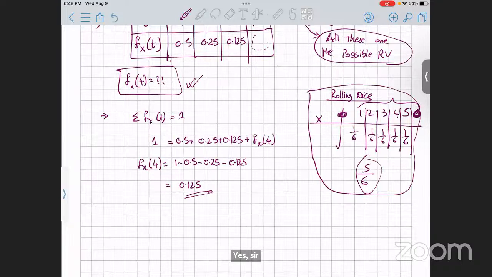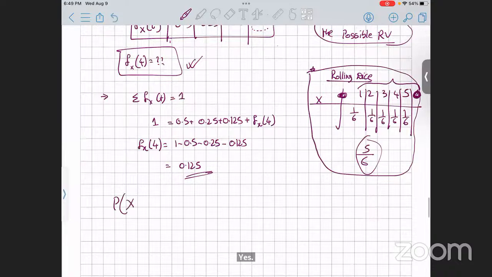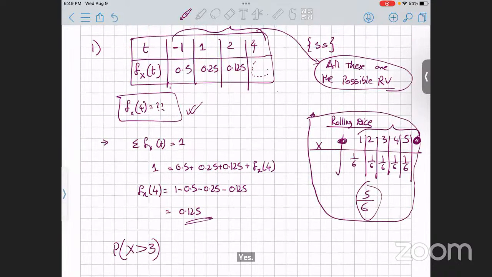Moving on to the next question, find P of x greater than 3. It will be again 0.125.